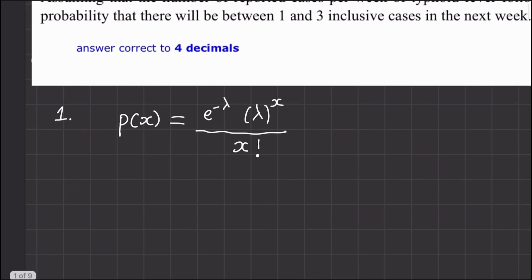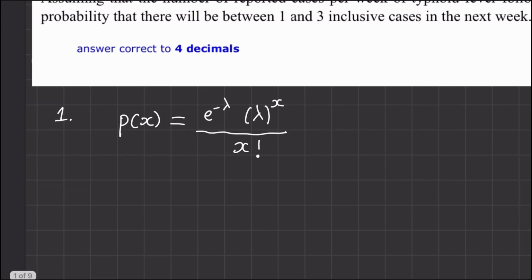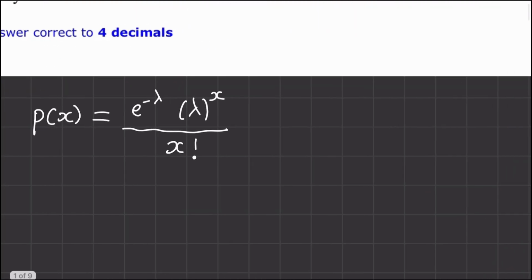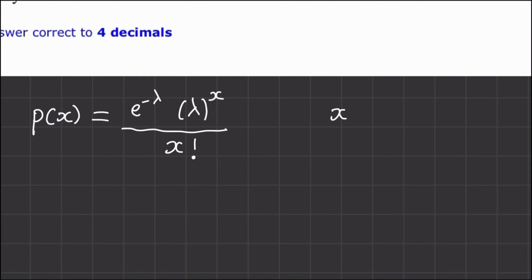In this case, our x variable is equal to the number of occurrences, and our lambda variable is equal to the average occurrences.